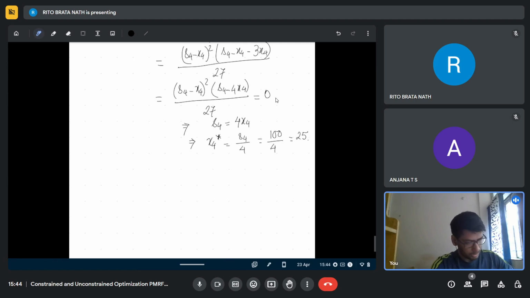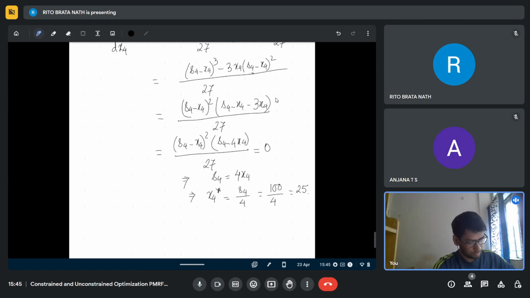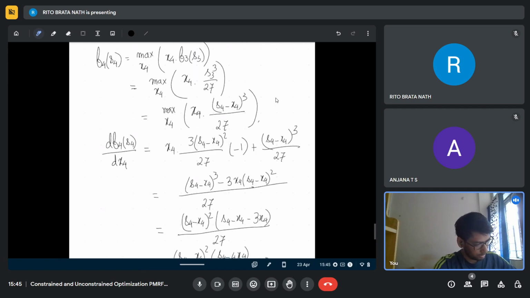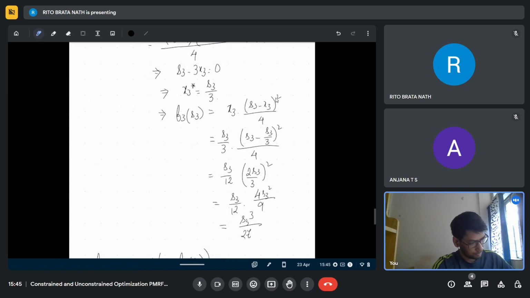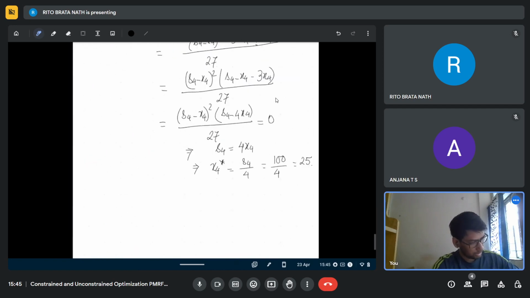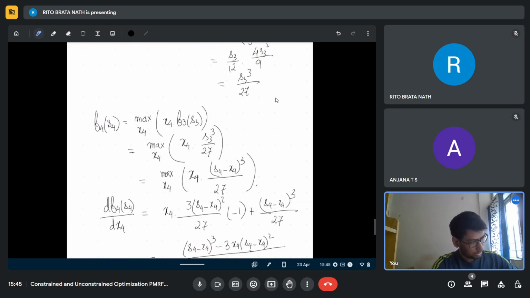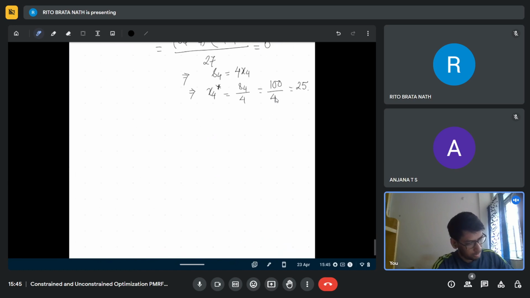So once you know that, let's plug the other things back in. Once you know x4, you can get x3 star. So x3 star is s4 minus x4 star, which is 100 minus 20. Sorry, I think I made a mistake.